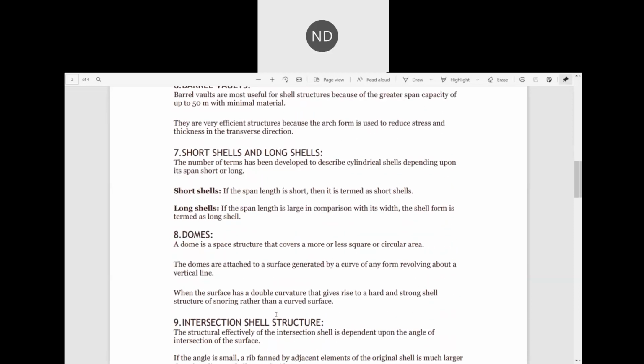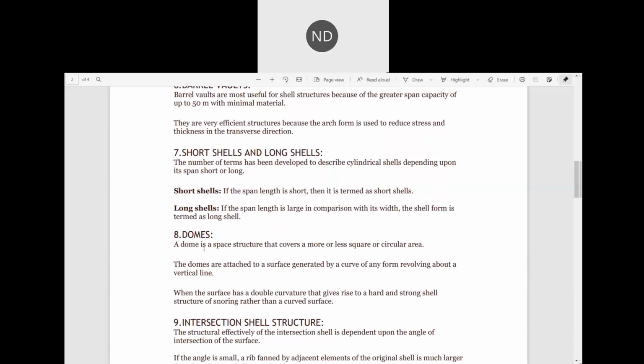Now, domes. What are domes? A dome is another kind of structure. Specifically, a dome is a space structure. You have seen spacecrafts or spaceships, where the structure has a dome kind of shape.